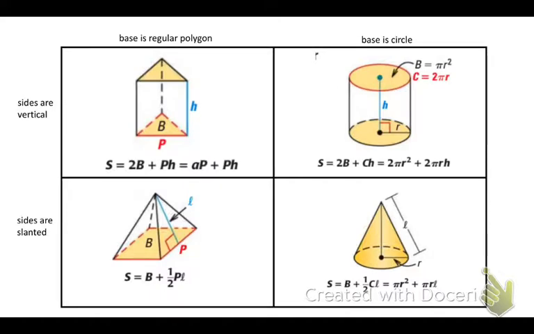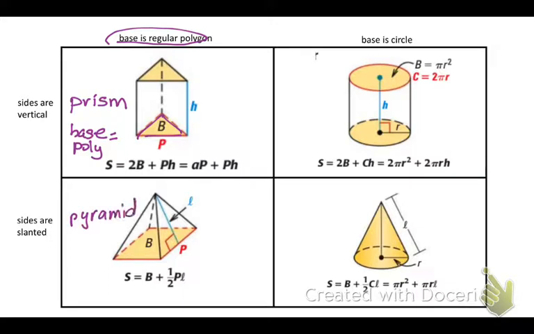And you're going to see the same similarities between their formulas. Okay. So here, in this column, your base is a regular polygon. This is a prism. For a pyramid, your base is a polygon, it can be any polygon.